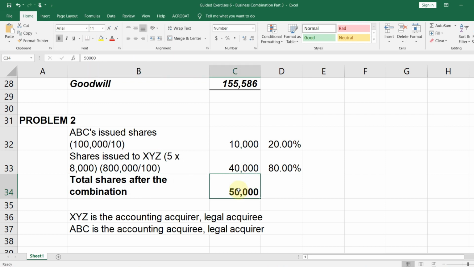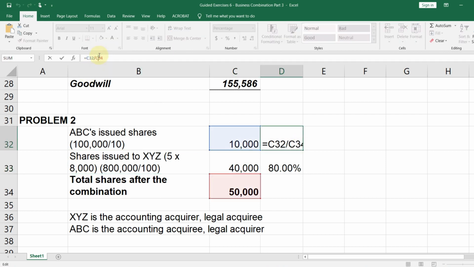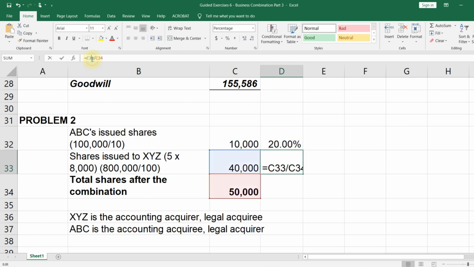How do we determine who is the accounting acquirer? Look at the percentages. You just divide 10,000 by the total of 50,000. Si ABC, sa business combination, ay may 20%. Si XYZ, you look at the percentages, meron siyang 80%.